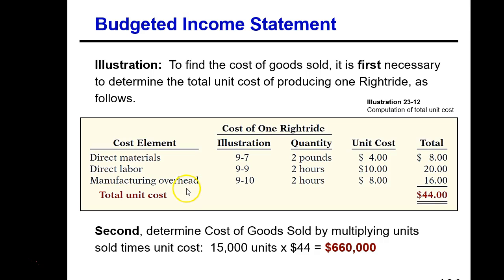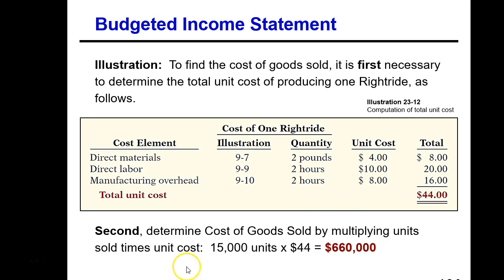And we said that manufacturing overhead was assigned based upon direct labor hours. It takes 2 hours to produce 1 unit. Our overhead rate per hour was $8. So the overhead cost assigned to each unit is going to be $16. So when you add those all together, our product cost is going to be $44 per unit.